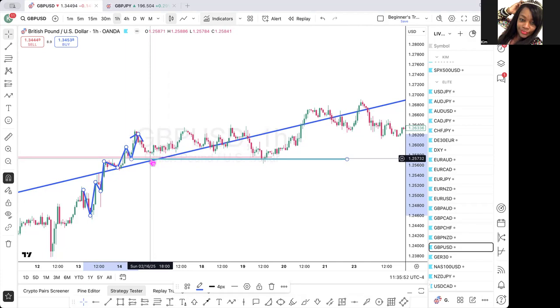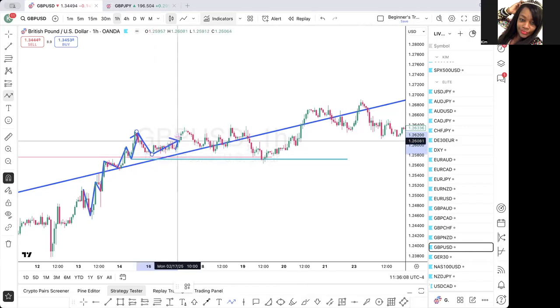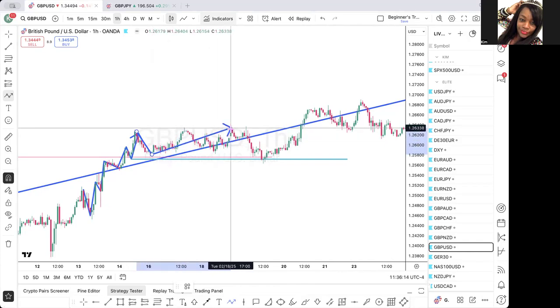understanding market structure. So as this was pushing back down, it's still within this internal minor structure right here. Price came and it swept that high, and then it broke the high.